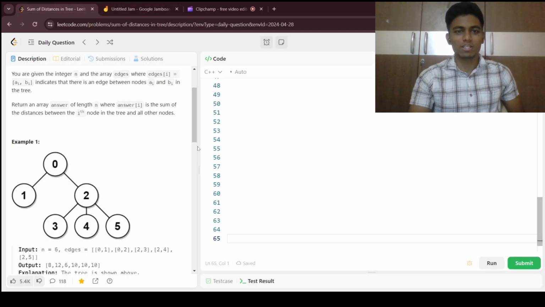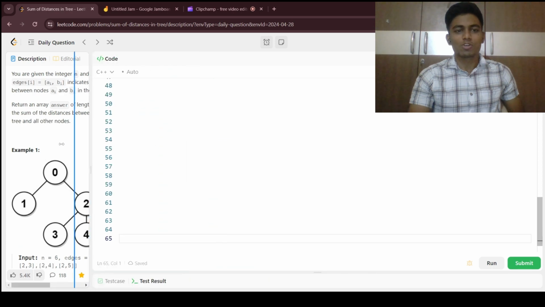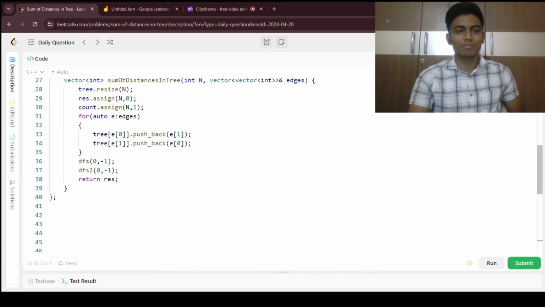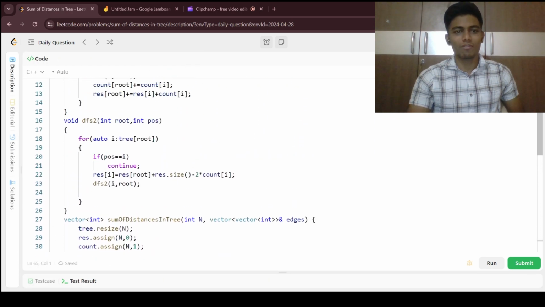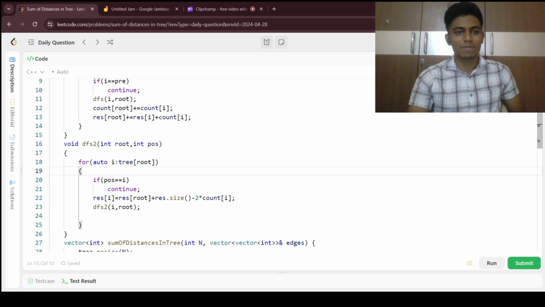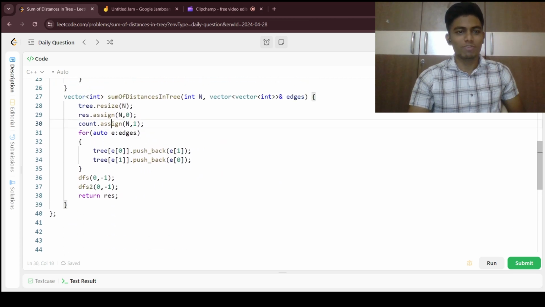So the time complexity is going to be big O of n, and E is going to be the number of edges. So what we are going to do is construct the tree with the edges which are provided, with tree of E of 0 with pushback of 1, and then we are going to take the edges.